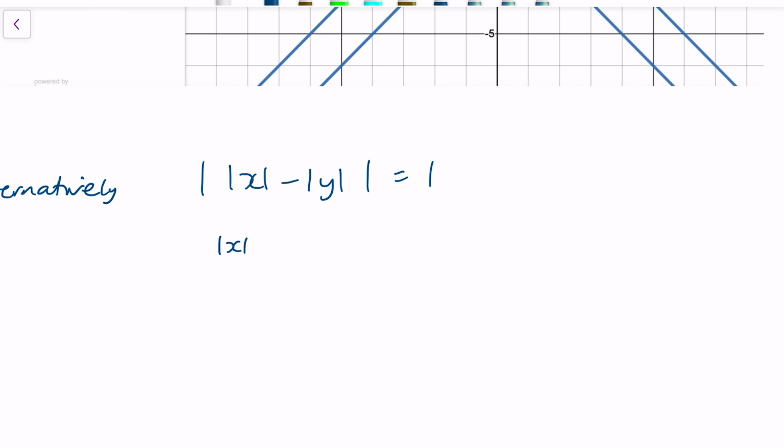So I would get that, technically plus or minus. Okay, both those things can be true.